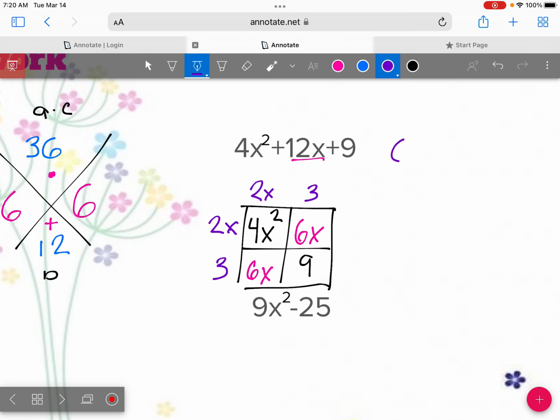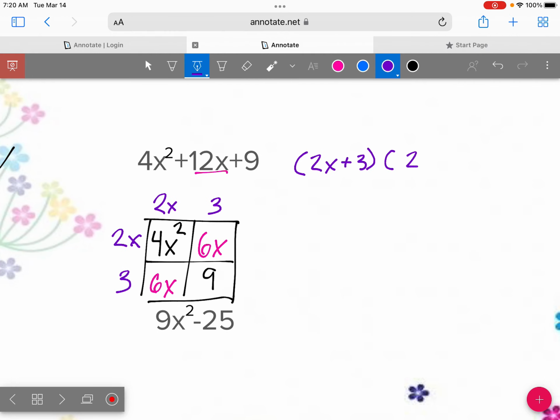So we have a factored form of 2x plus 3 times 2x plus 3. Or we could write this as 2x plus 3 squared.